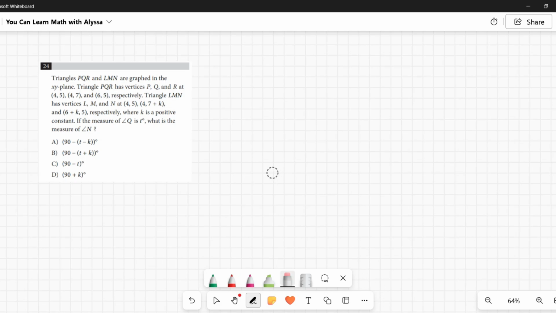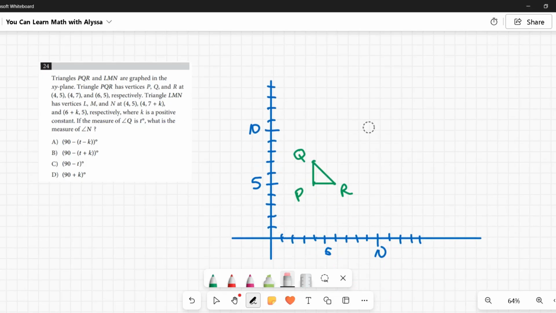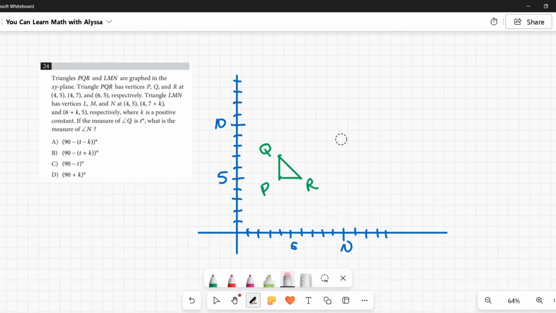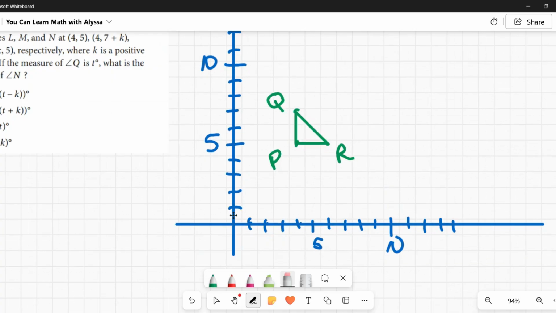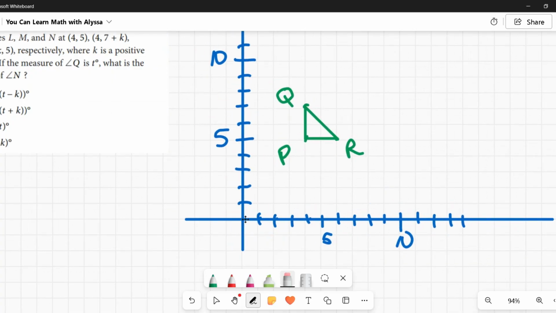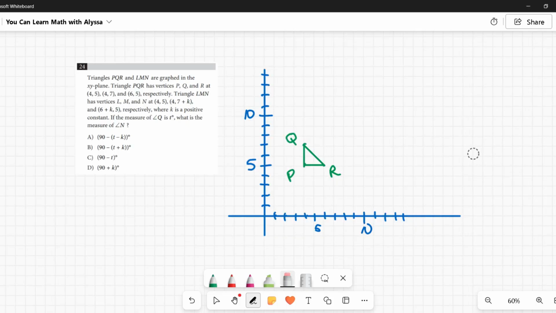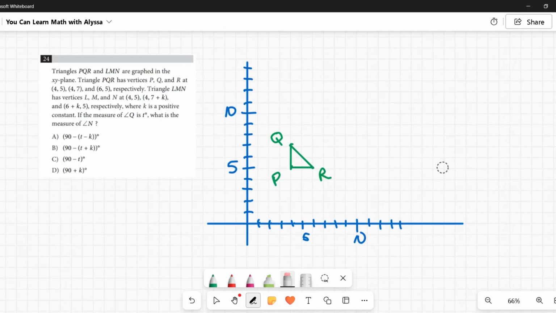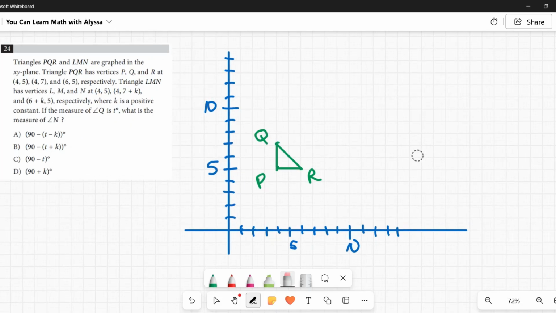Regardless, I went ahead and drew out just PQR, and we're going to get this lined up on the grid in the background. There we go. I drew a pretty accurate PQR with those points at (4, 5), (4, 7), and (6, 5). We have a couple of unknowns here.